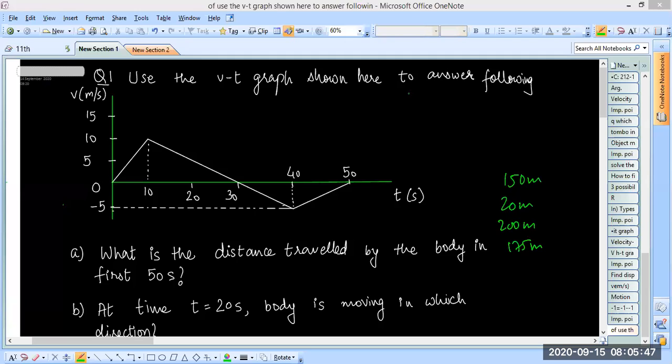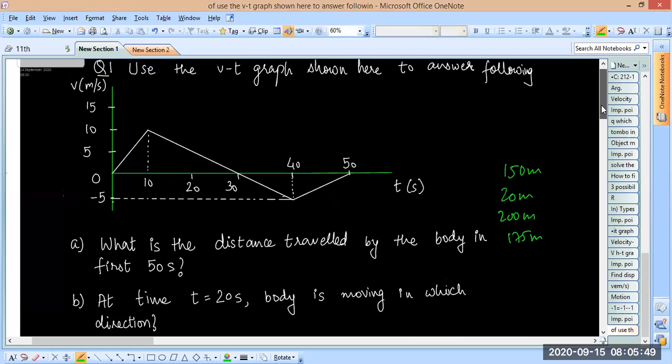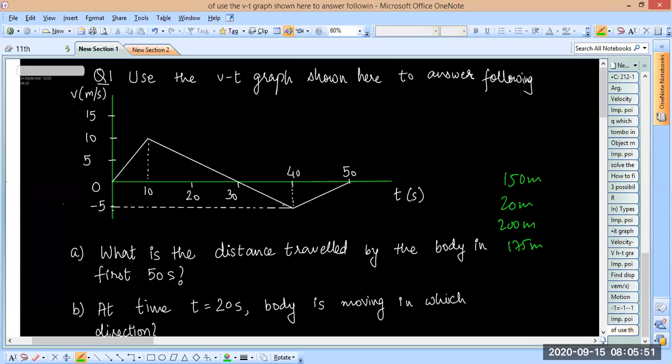Now, first of all, this is a VT graph. You should never start doing anything without looking here and here, looking at the axes, all right? Because everything depends on that. So from a VT graph, if you want to find distance traveled, how would you do it, everyone?